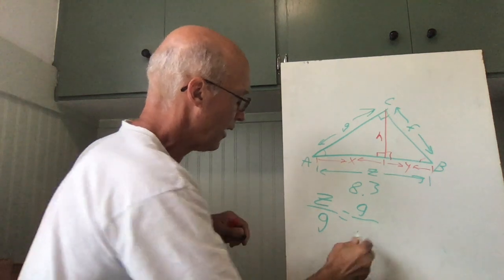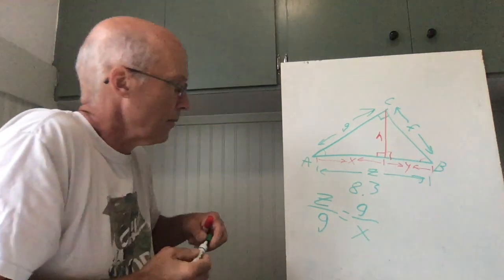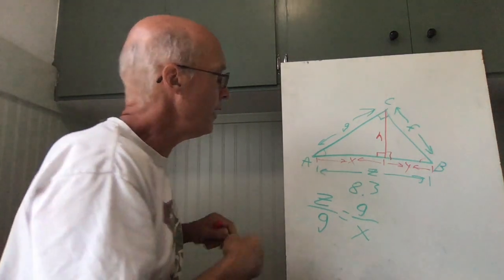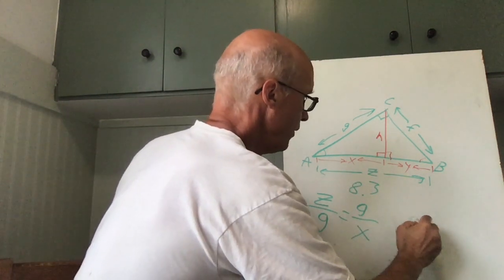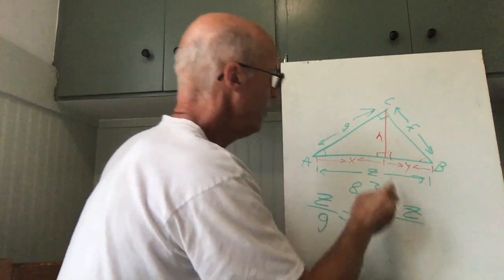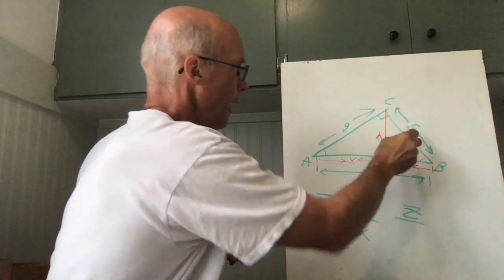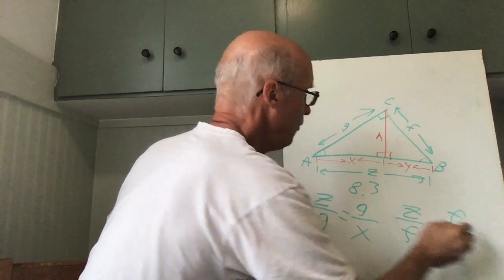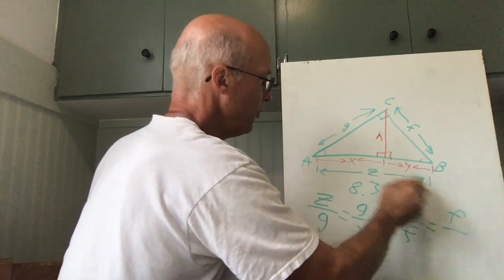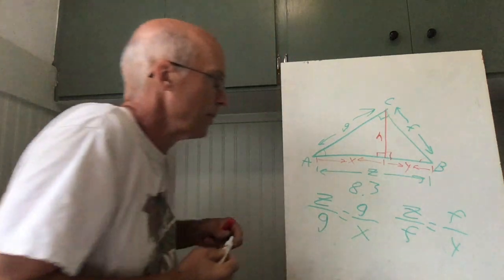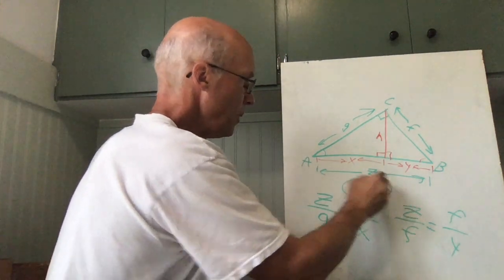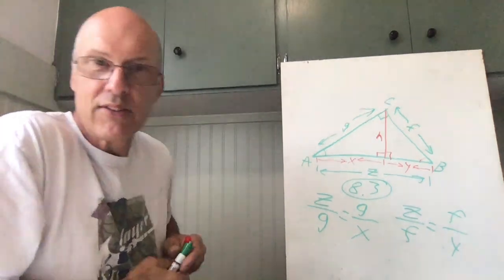So it's over X. You could do the same thing on the other side, and it would be Z over F is F over that small part of the hypotenuse over Y. Okay, that is theorem 8.3, and that's the last of it.